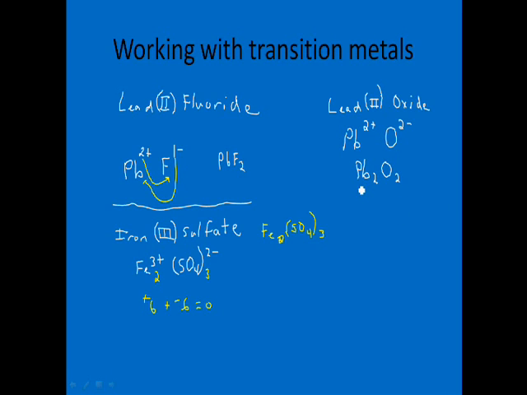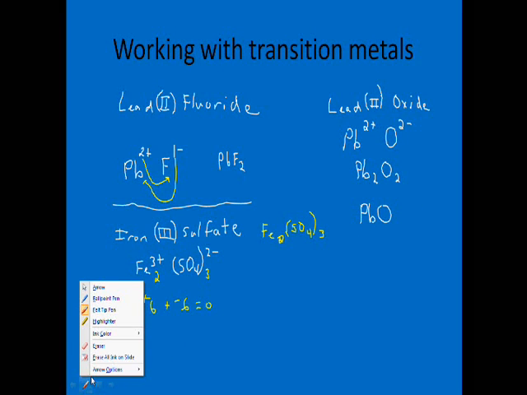So I can divide both of these by 2, and the formula would come out to be lead, just PbO. That's still lead 2 oxide. The reason that it's lead 2 oxide is we let the charge of the anion tell us what the cation is. I know that oxygen is always 2 minus.